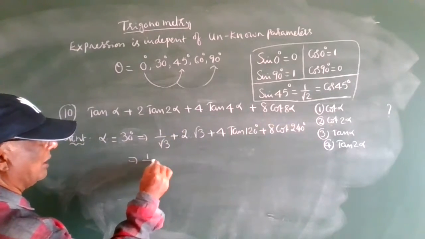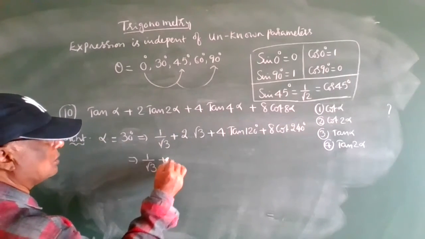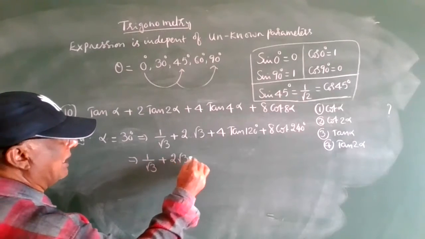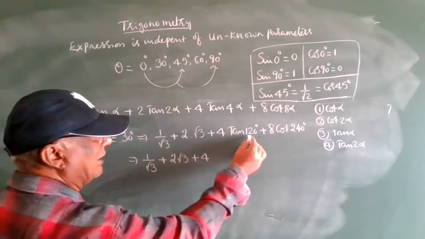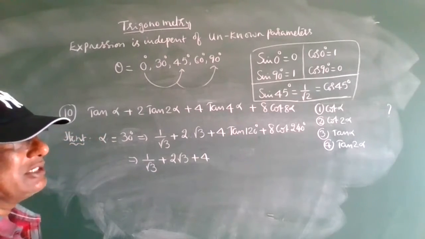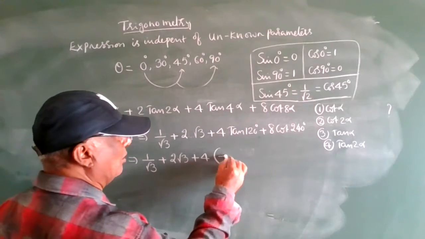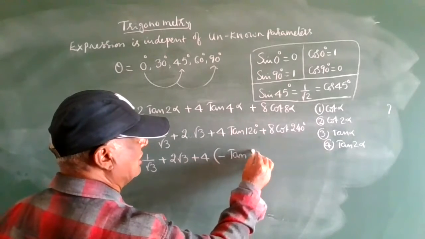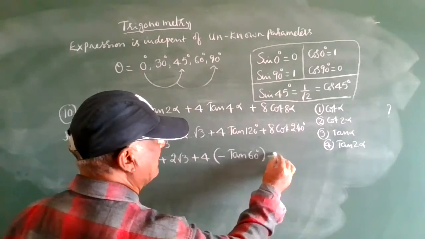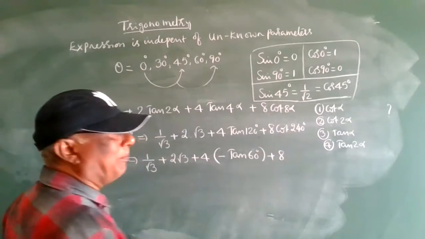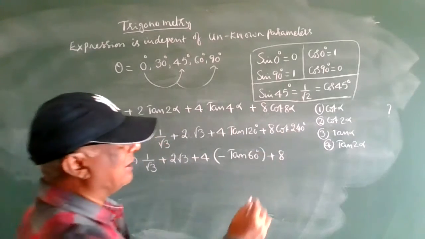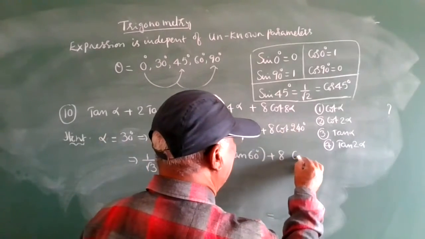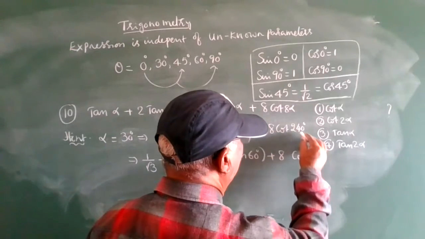This is 1 by root 3 plus 2 root 3 plus 4 into tan of 180 minus 60, second quadrant, tan is negative, same name, tan 60 degrees. Plus 8 into cot of 180 plus 60, third quadrant, cot is positive, same name, cot of 60 degrees.